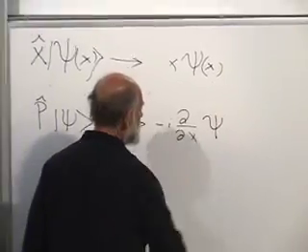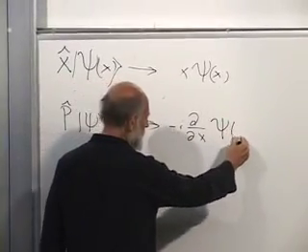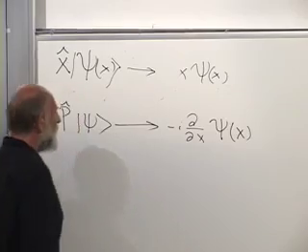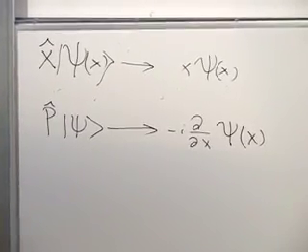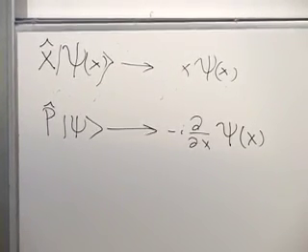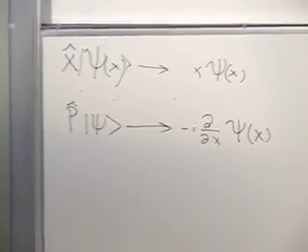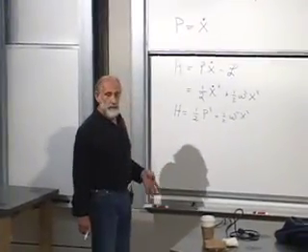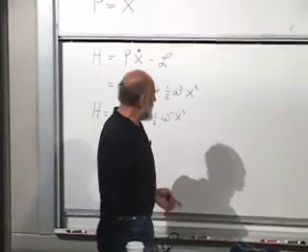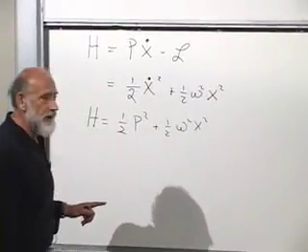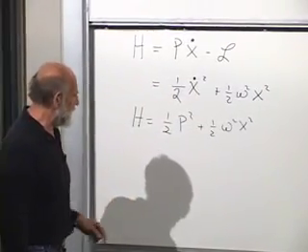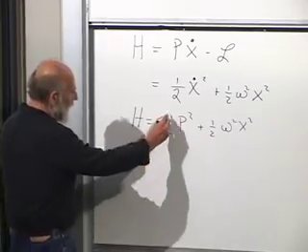And now we can figure out what the action of the Hamiltonian is on a wave function. You simply multiply p by itself and act on the wave function. What does that mean, p by itself? It just means that you act once with p, and then you act again with p. So let's figure out what that is.